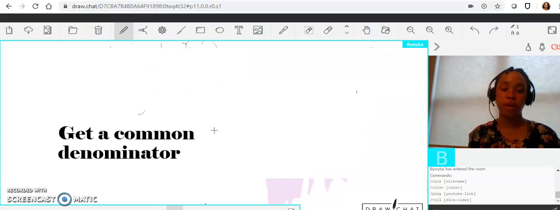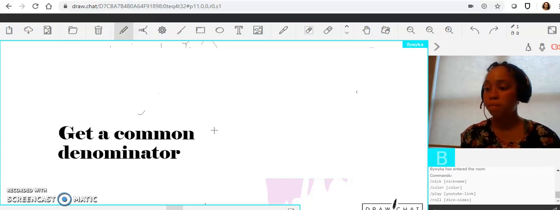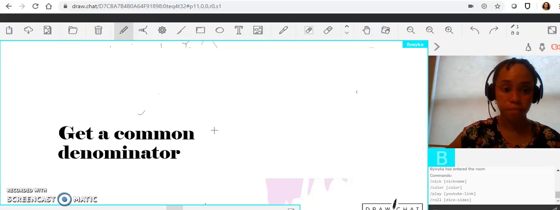All right, so now we need a common denominator for the right side. So we want to combine those terms that we just found on the right side, and we need a common denominator first to be able to do that. So let's write what we have first.